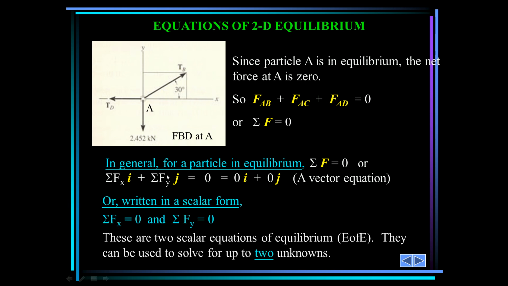So in general, for a particle in equilibrium, sigma F in vector form equals 0, which means we can write it in components as sigma Fx i plus sigma Fy j equal to the 0 vector. That can be rewritten as sigma Fx equals 0 and sigma Fy equals 0, which is the scalar form. These are two scalar equations of equilibrium, called E of E. They can be used to solve for up to 2 unknowns.